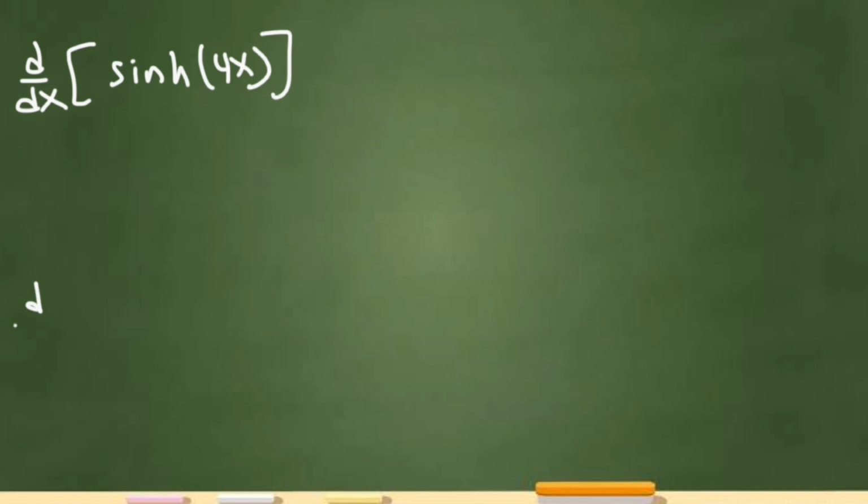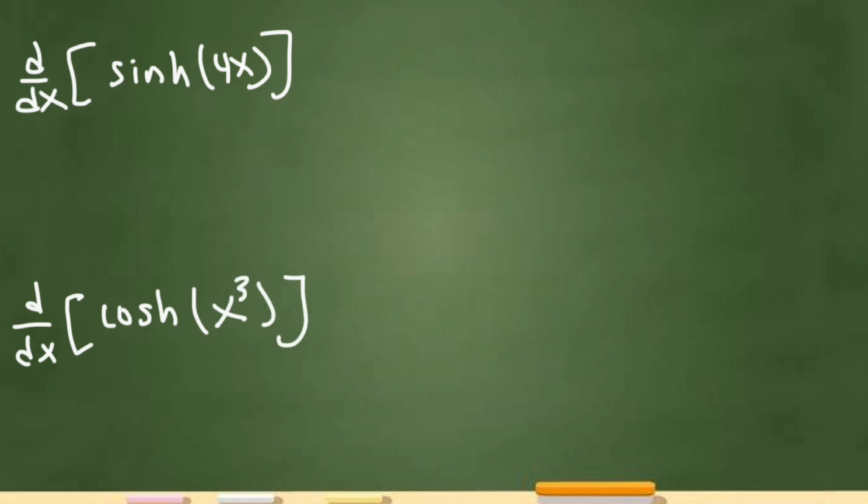And now let's go ahead and differentiate hyperbolic sine of 4x and hyperbolic cosine of x cubed. Feel free to pause the video as you work on this.